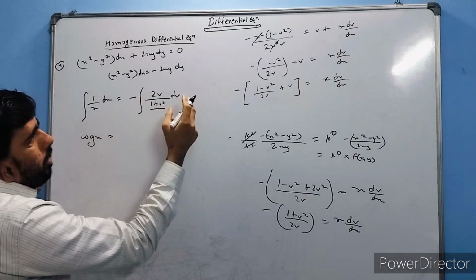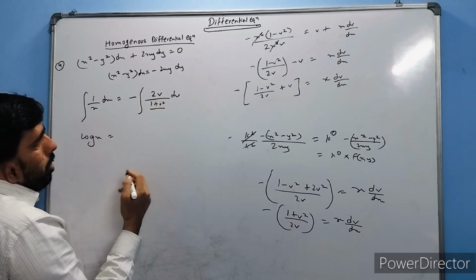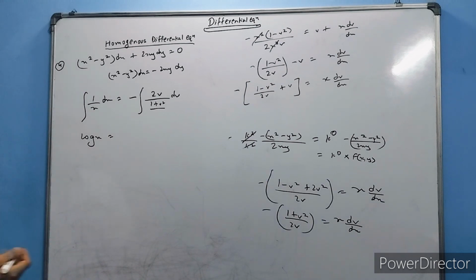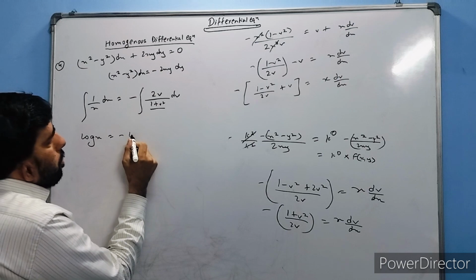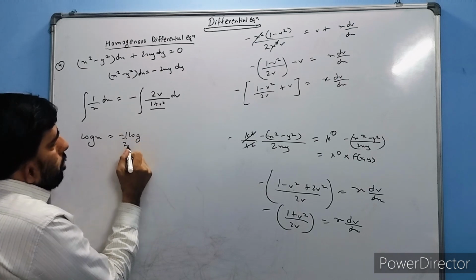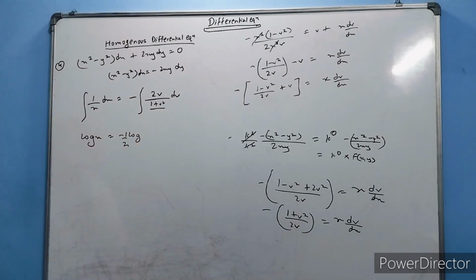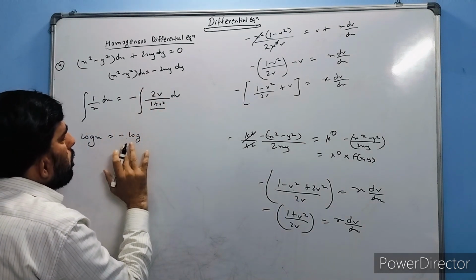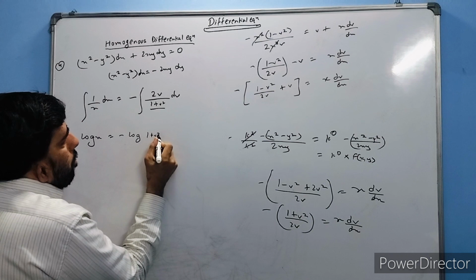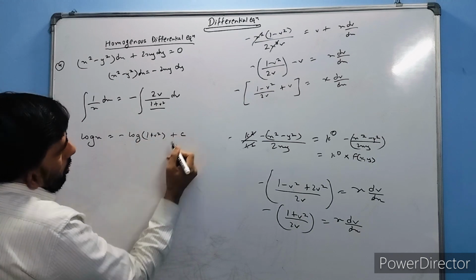So 2v dv is equal to dt. Okay, 2v dv is equal to dt. So we have 1 upon t, that is log t. No, 2v dv is equal to dt. So 1 upon t gives log t. So no need to put the half. Log t is log of 1 plus v square plus c.